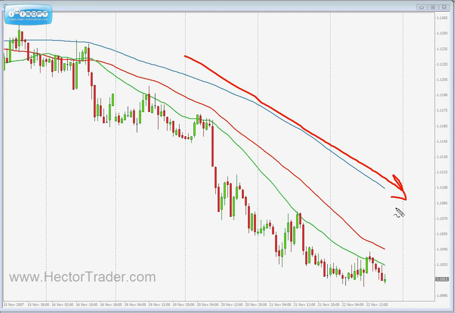No matter the market you're trading, the only way to achieve some sort of consistency in this business is to always trade with the trend on your side, with the moving averages pointing in the trading direction, and that's the way I personally do it. Like I say, it's the only way to make sure that you are stacking up the odds on your side. All right, so like I say, these are high probability chances.